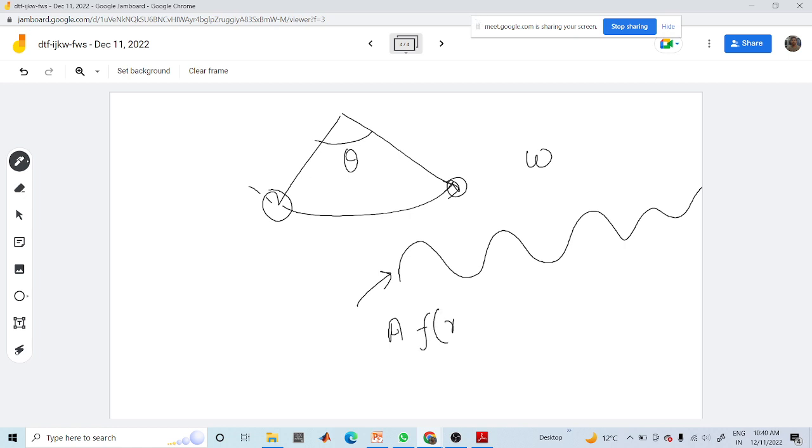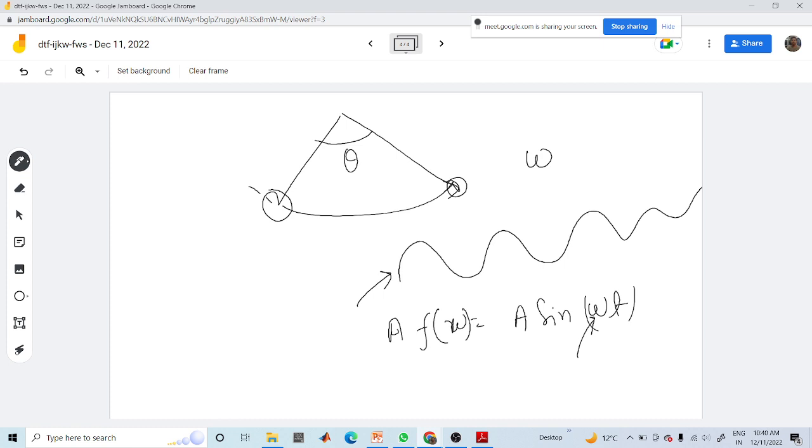I can write it as a sine omega t, where this omega is the same omega. That means this is a sine wave.